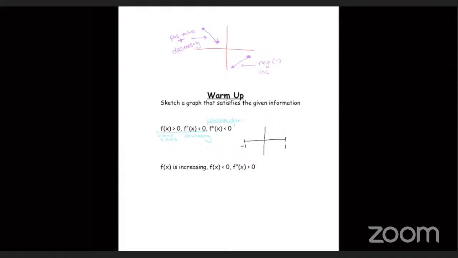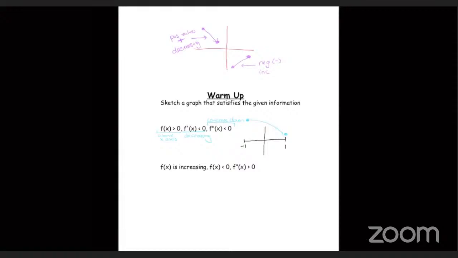So putting those three things together, I'm going to draw a piece of graph that goes from -1 to 1, completely above my x-axis, and decreasing the whole time, concave down. An example would be starting here, moving downward, all above my x-axis, and concave down.